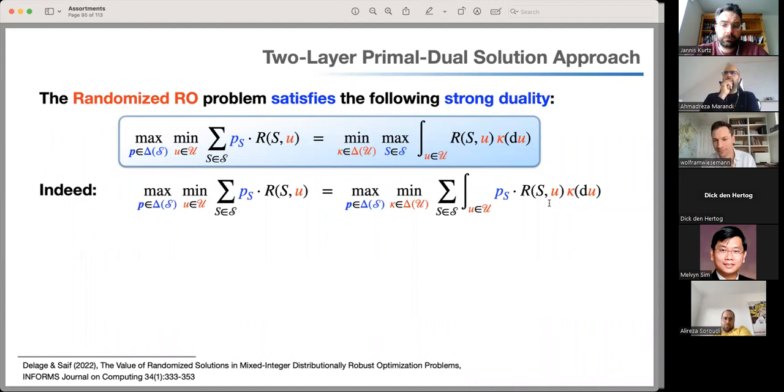Now, however, I'm going to have a bilinear problem in my variables in my randomization strategy PS that I maximize over, as well as nature's convex combinations, convexity weights over the uncertain parameter realizations. Since this problem is bilinear, I can now use a min-max theorem to exchange the order of maximum and minimum.